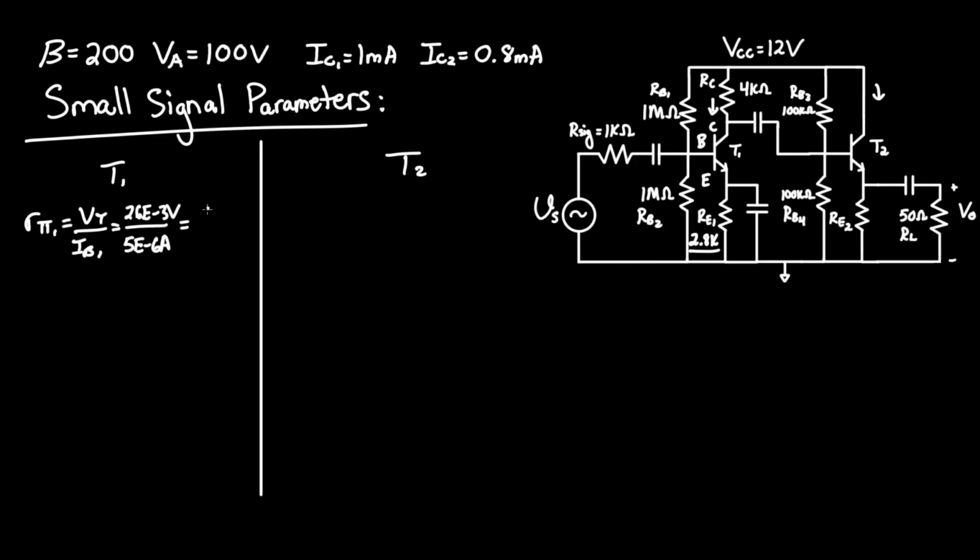This will give you 5.2 kilo ohms. For RO1, we can find it by taking early voltage VA over IC1, where we're given VA equals 100 volts, and we know that IC1 equals 1 milliamp or 1E negative 3 amps. Doing this gives you 100 kilo ohms.